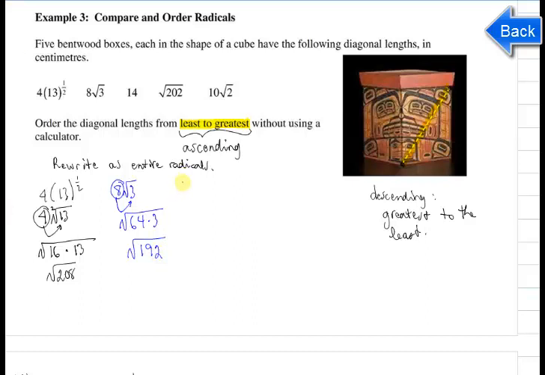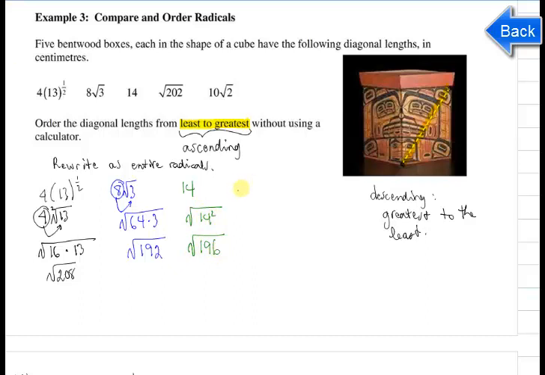Our next number is 14, and we want to write that as a square root, so that means we want to square the 14 when we put it inside the radical sign. The square root of 14 squared is the square root of 196.